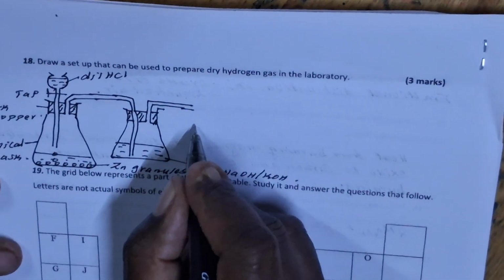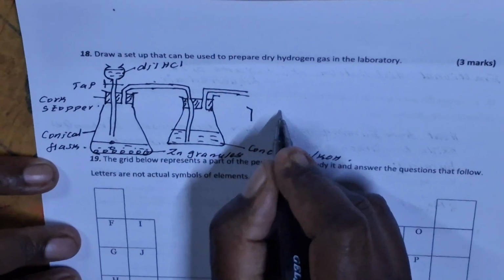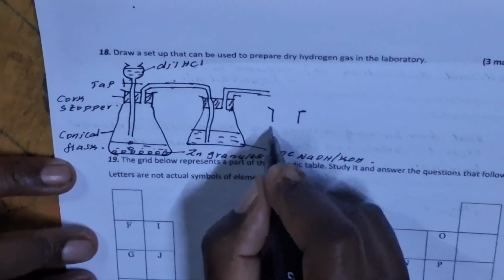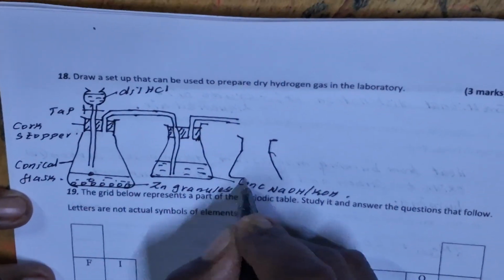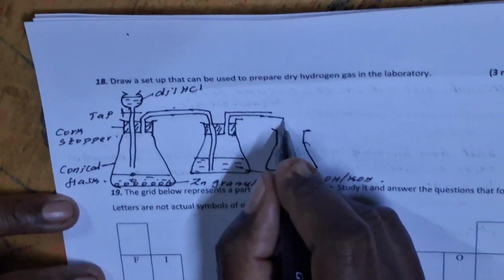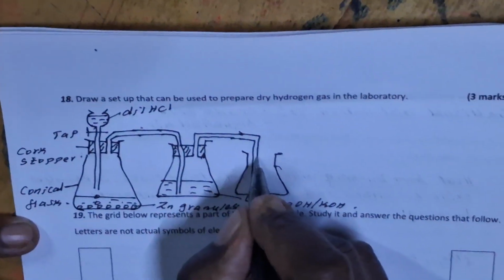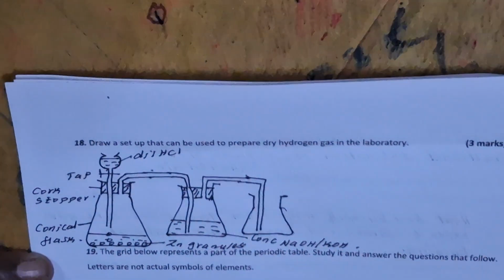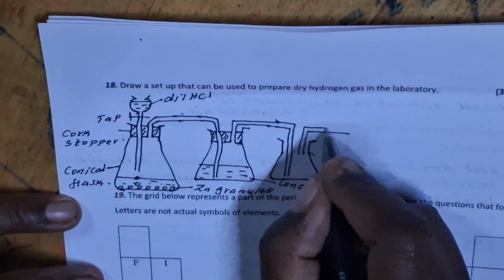We dry using concentrated sulfuric acid. Okay. So again, this one dips to the bottom, like that. We leave a small space, and then we collect our gas.